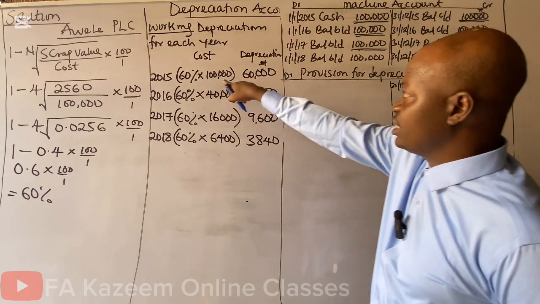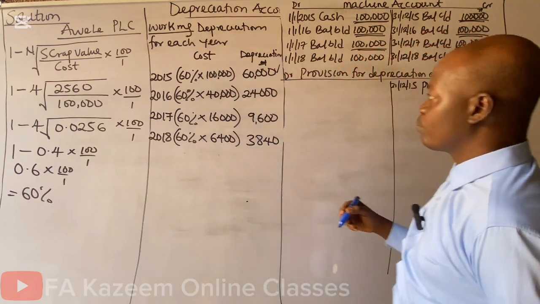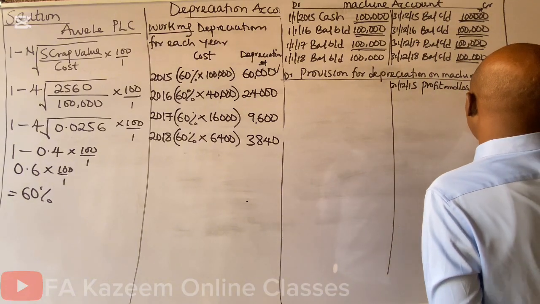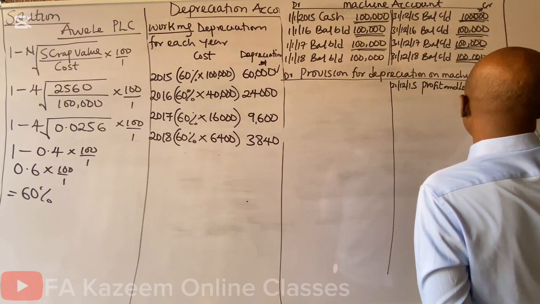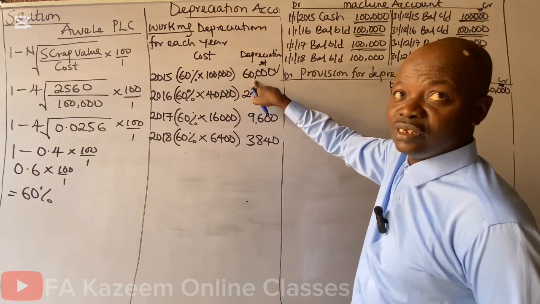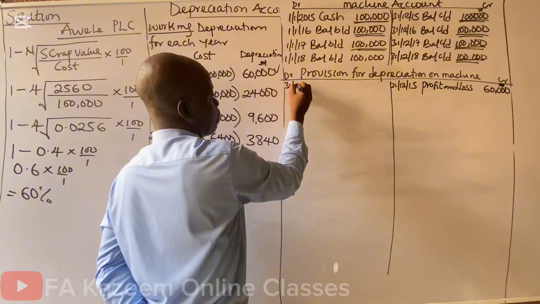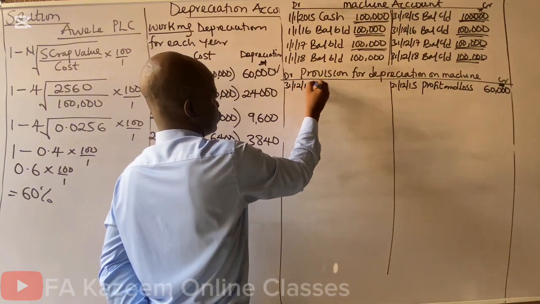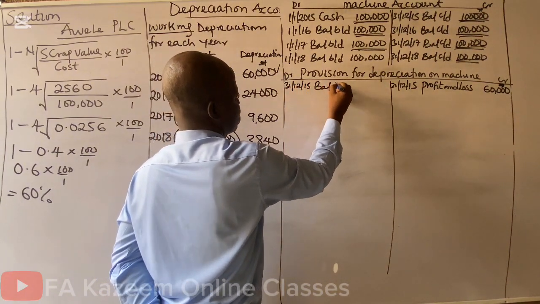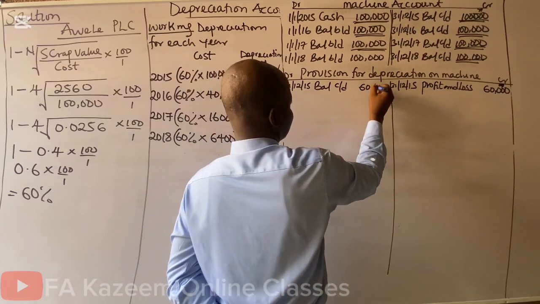In 2015, that's our workings. In 2015, the amount of provision set aside amounted to 60,000 by our workings, 60% of 100,000. And at the end of 2015, we have balance carried down 60,000.